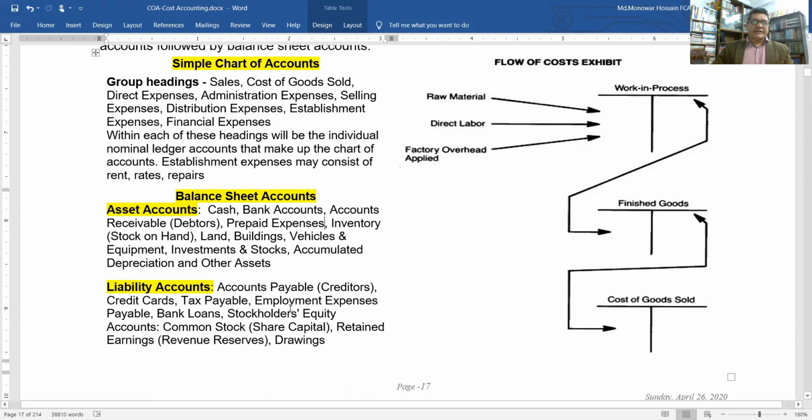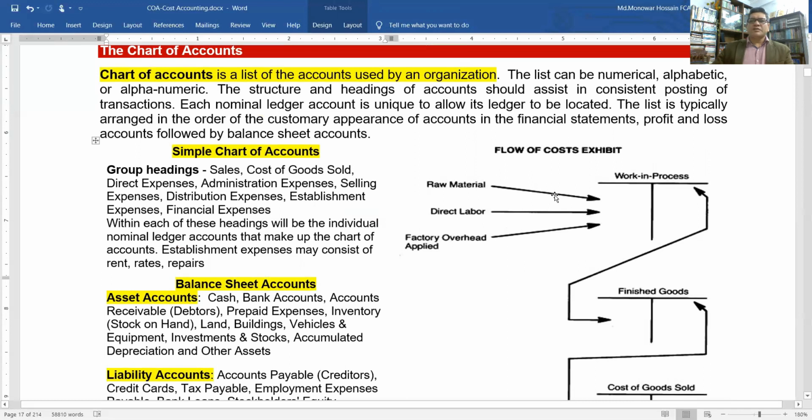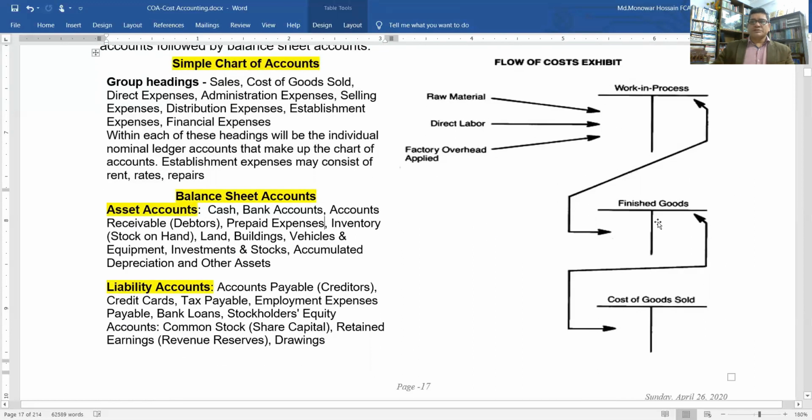And as liabilities, accounts payable, other payables, employment expense, etc. Drawings, stock, retained earnings, etc. If we see here the flow of cost exhibited, raw material, direct labor, and applied factory overhead go to work in progress, and from there to the cost of finished goods and the cost of goods sold.